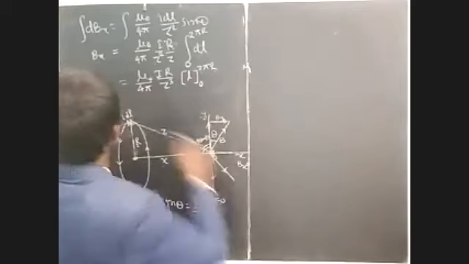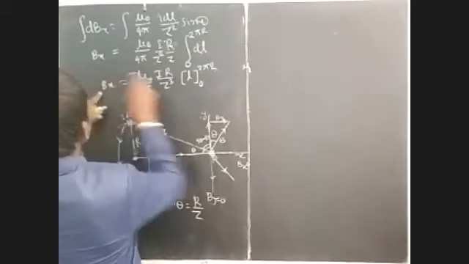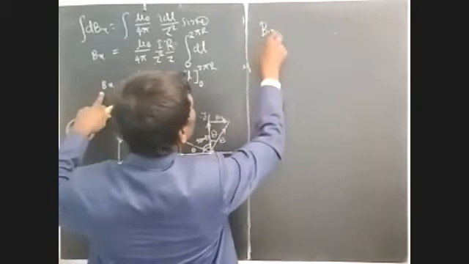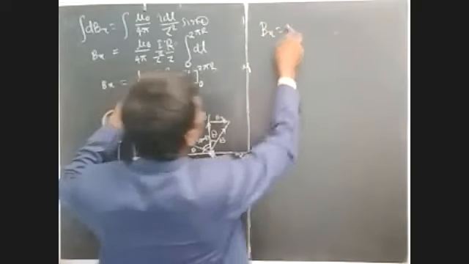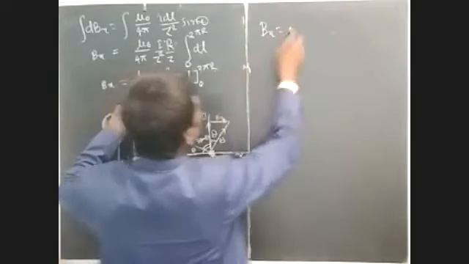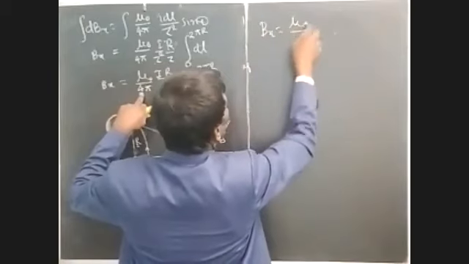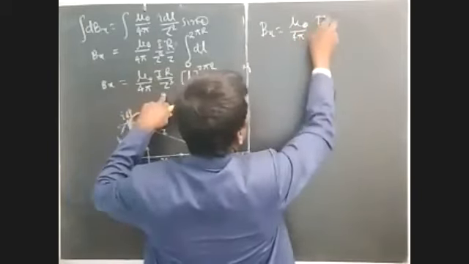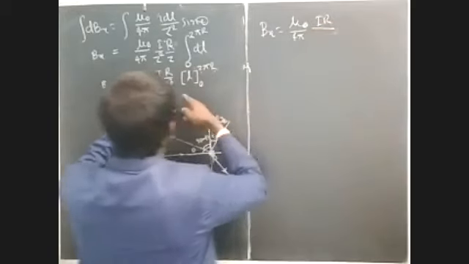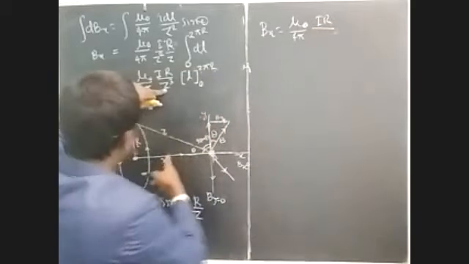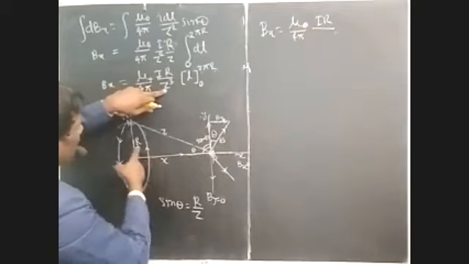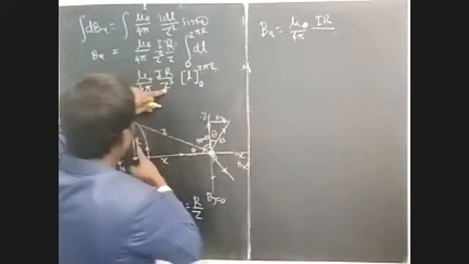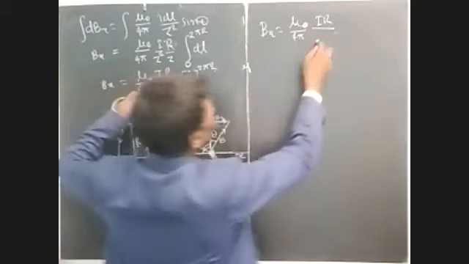So what is the formula? Okay, Bx. So Bx equal to what? You write, this is the mu naught 4 pi IR and z cube. What is the z? z is root under R square, okay, you write here z is what?